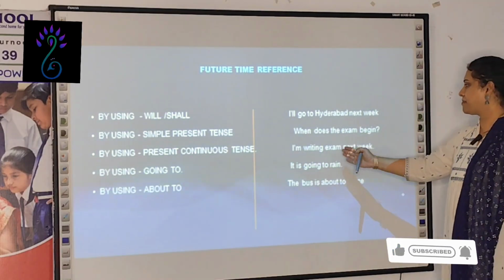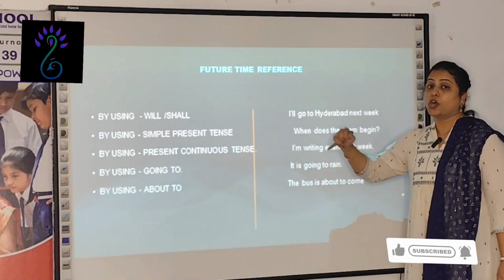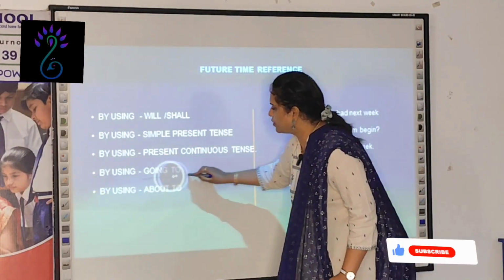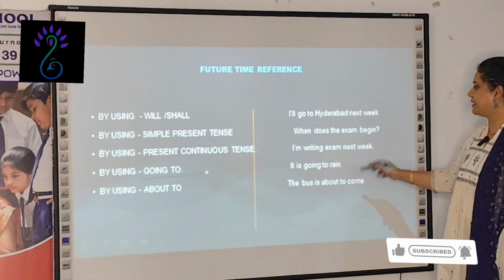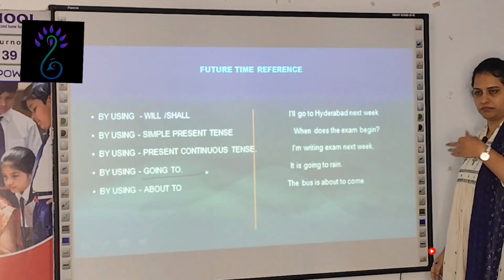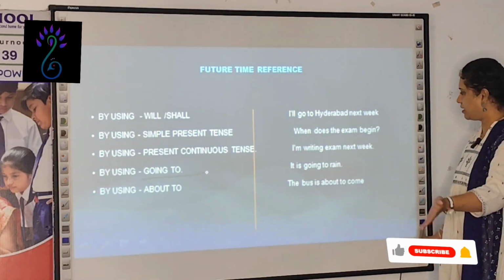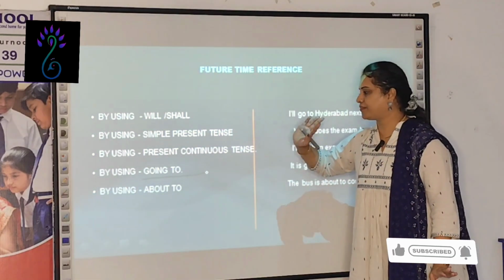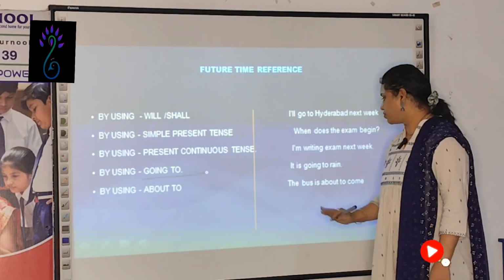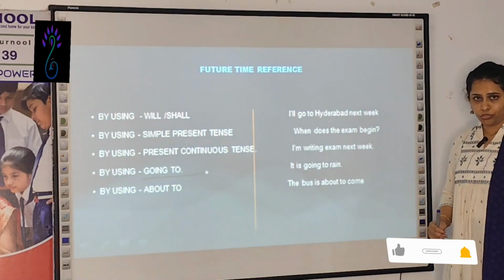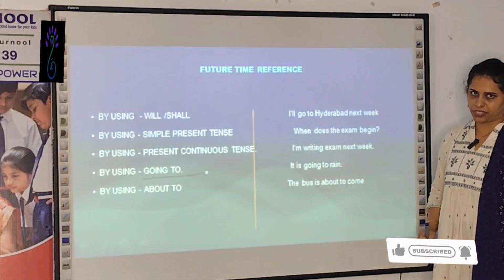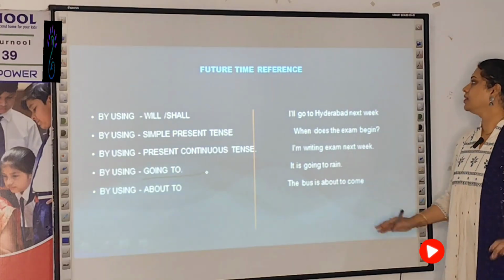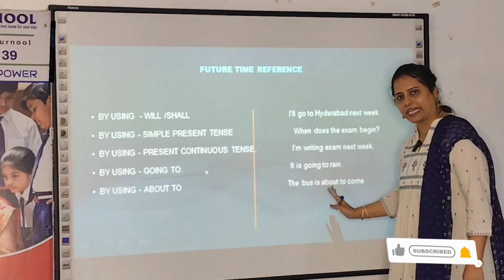I am writing exam next week. When you use going to, then it is going to rain. It is also future time reference. By using about to: the bus is about to come to the bus stop, isn't it? This is future time reference.